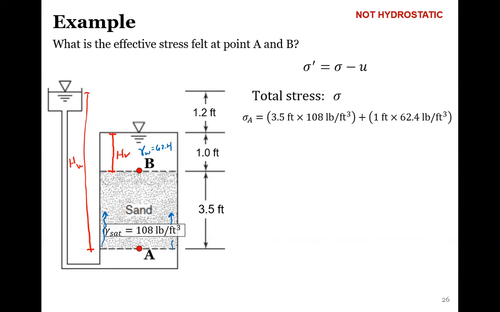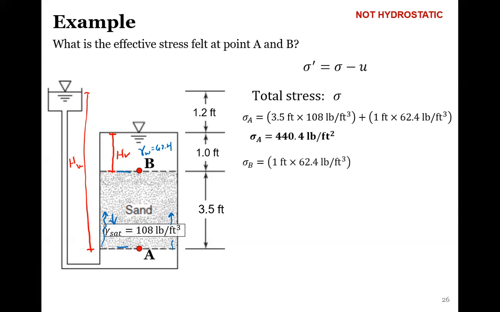So don't forget to include the ponding or any water that's at the surface or above, the lake or whatever that's above you. Don't forget to include that in the total stress. So think of it as layers. We have this layer of sand with this saturated, and then we have another layer of water on top of it that we still feel the pressure for.